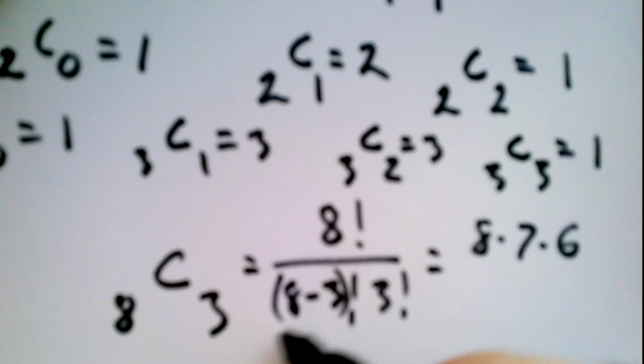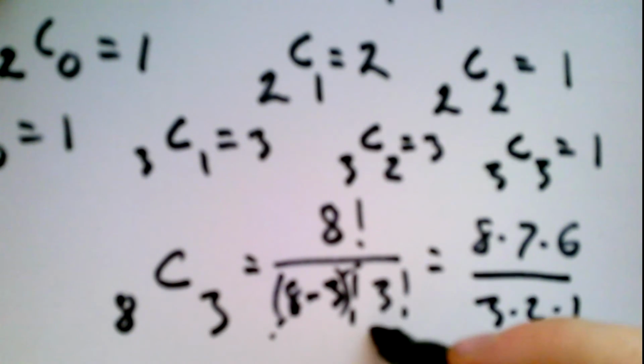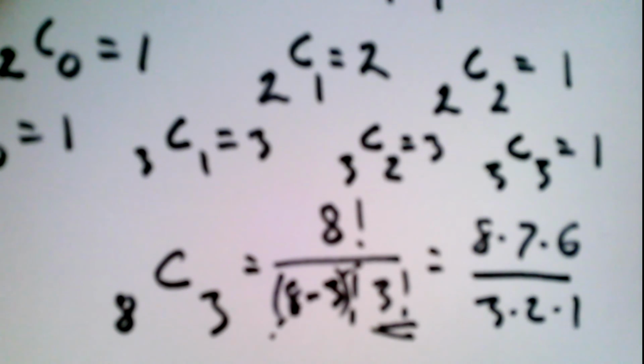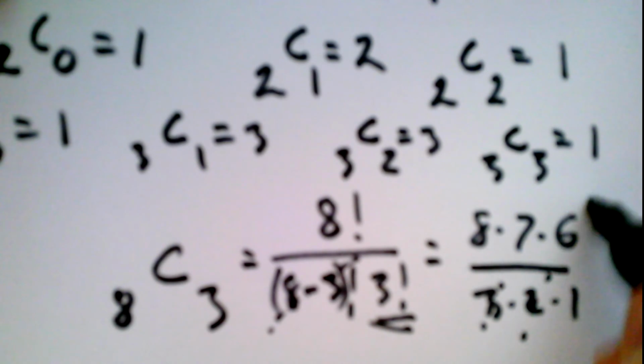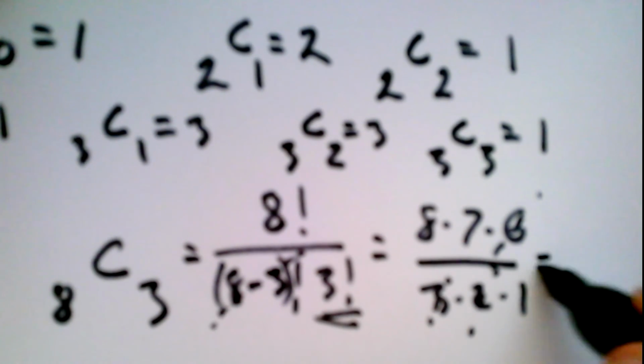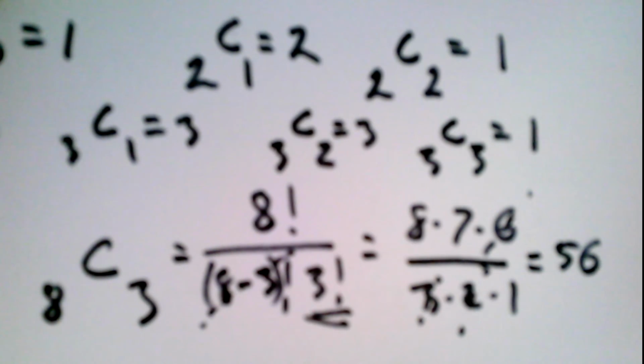Everything from 5 down cancels here with the 5 factorial, over 3 times 2 times 1. That's this 3 factorial here. Well, 3 and 2 cancel with 6. So this leaves us with 56. So 8 choose 3 is 56.